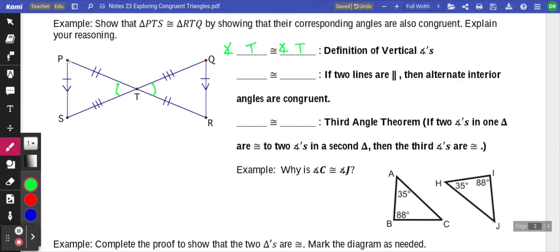The corner is at T, and it opens up toward the letters P and S. So P has to go on one side, S has to go on the other. Same over here. The angle is at T. One side opens towards Q, the other opens towards R. And so there you go. So those two angles are congruent because they are vertical angles, which are always congruent.